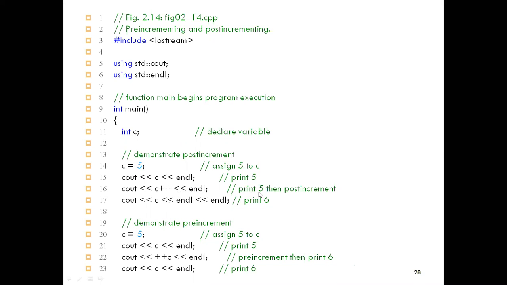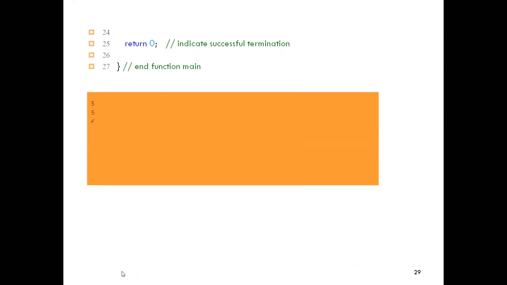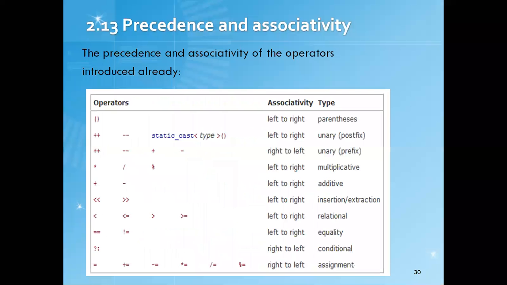You will get 5, because you still haven't got the result. This is post increment. But after that, if you print out C again, you will get 6, because the result has happened. They do the same things in C++ programming. Okay, so this is the result.